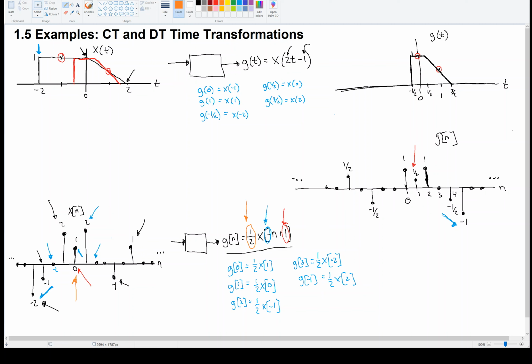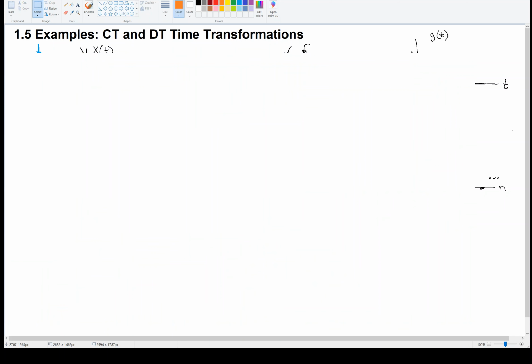All right, let's look at another example. Again, feel free to pause the video if you like. Let's say I have another discrete time signal, and the origin is there. Let's say it's 2, then 1, then 0, then 1, and then the rest zeros.